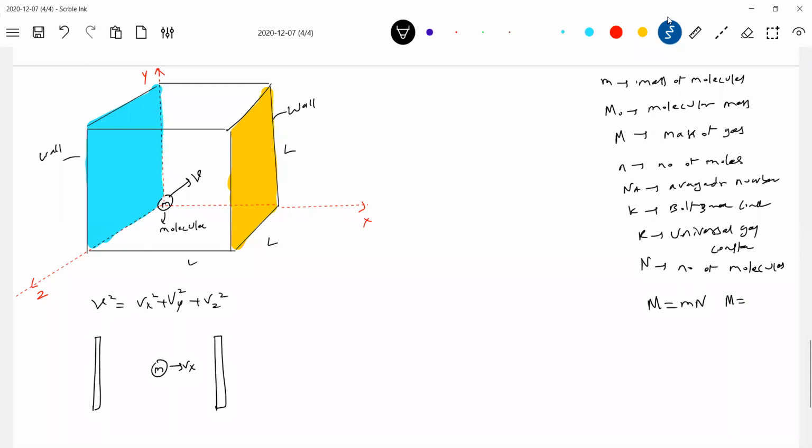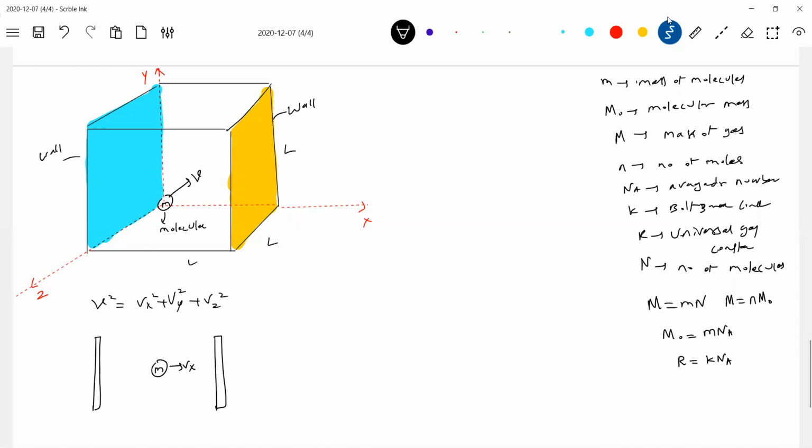Mass of gas, I can also write as number of moles times molecular mass. Molecular mass, I can write as mass of each molecule times Avogadro number. And R is equal to K N_A. These are some ideas from your chemistry that I just brought in. Mass of gas in terms of mass of molecule or molecular mass you can express.